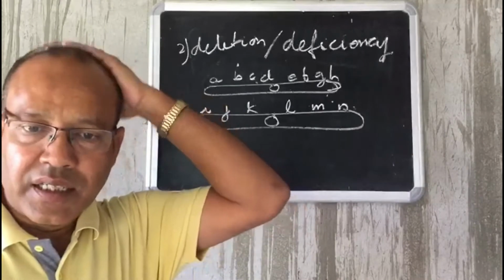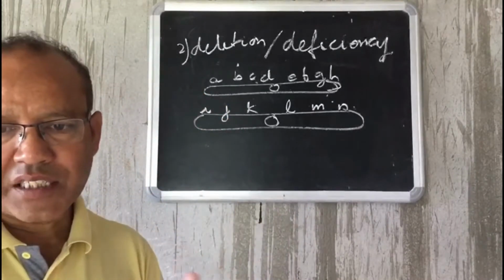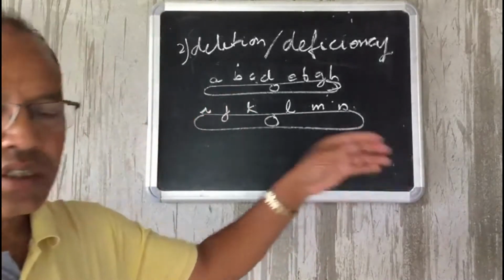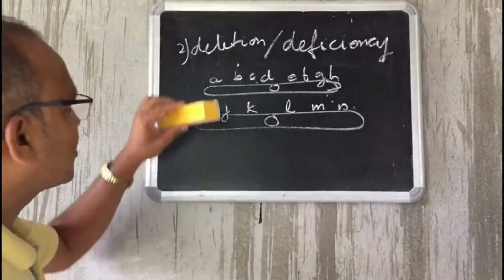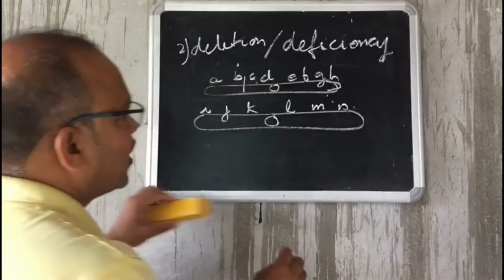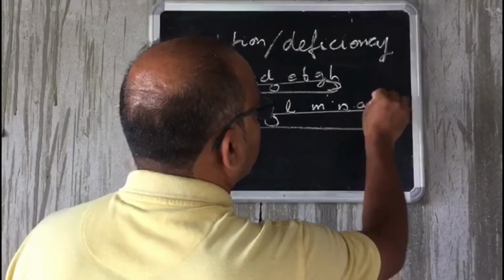Now what happens here is there is a segment that is deleted from one of the chromosomes and added to the non-homologous chromosome. Let's take for example this portion. This portion is deleted and now it is added here. AB comes here.